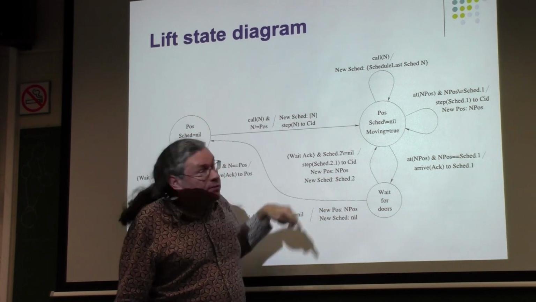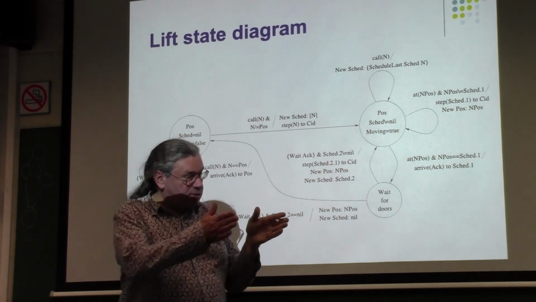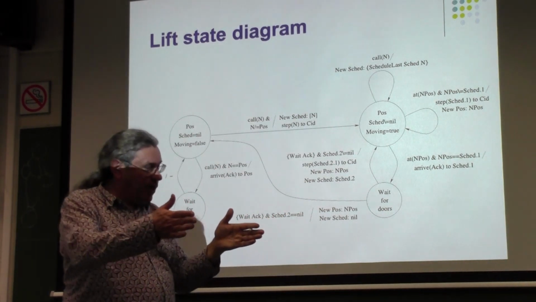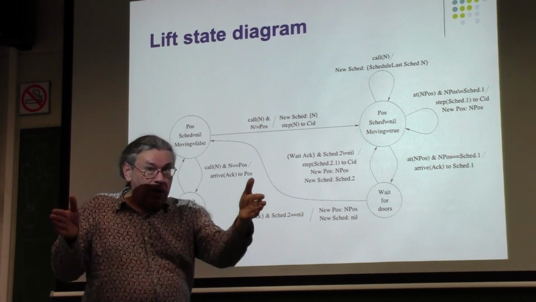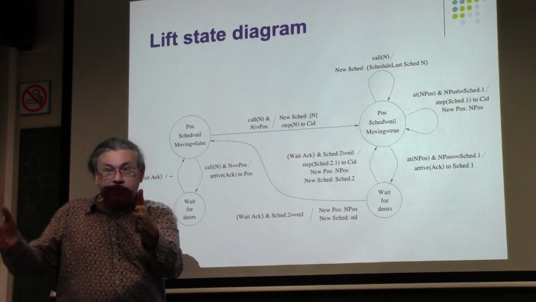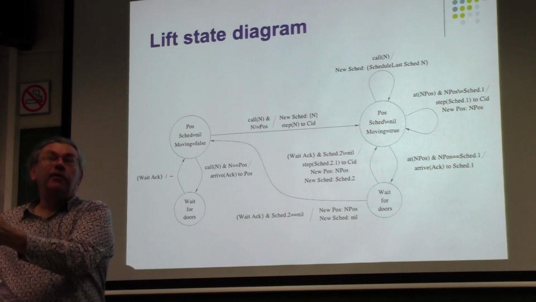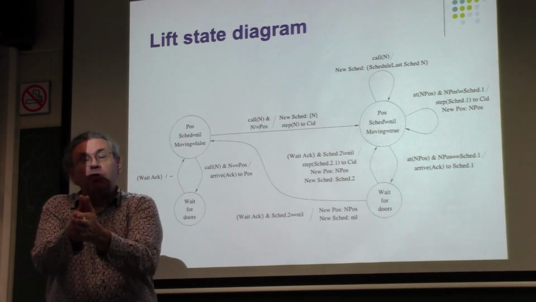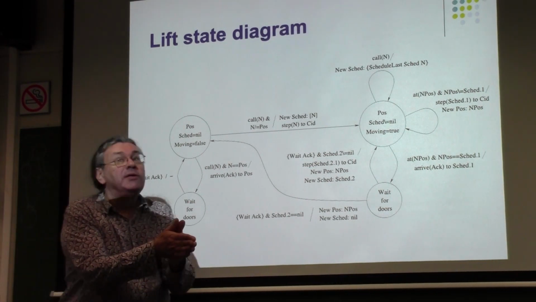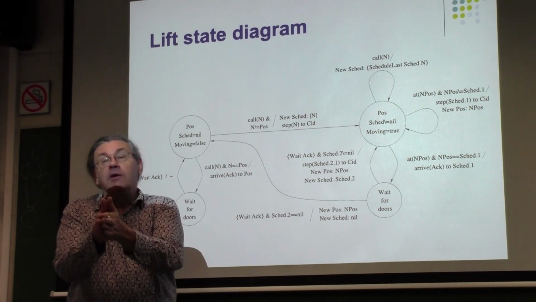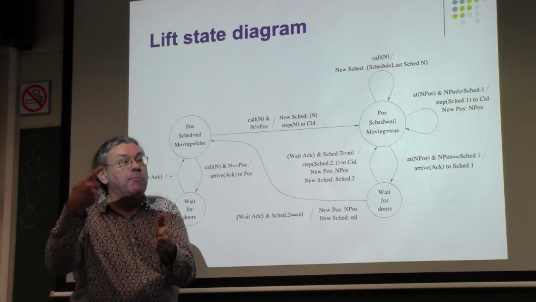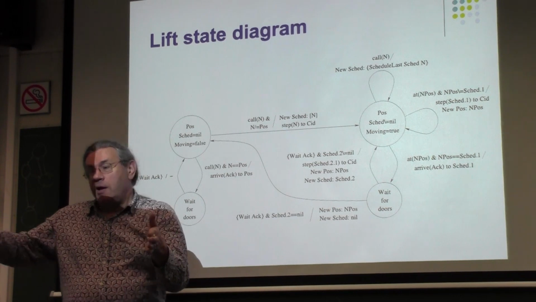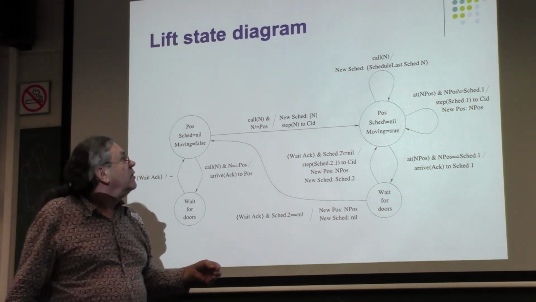So both of those things can happen. The schedule is decreasing whenever I arrive at a floor, but whenever someone calls, it's increasing again. And maybe it goes all the way to nil. If people stop calling the lift, it will eventually exhaust itself. But if people keep calling, it will grow and grow.